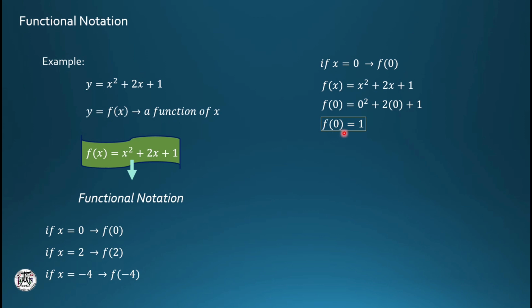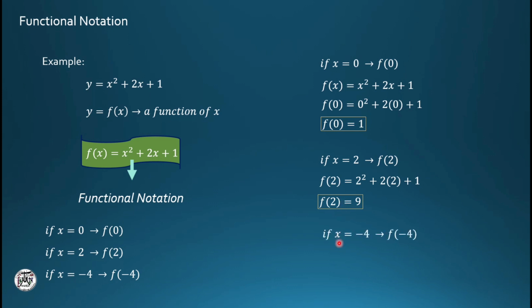The next, if x is equal to 2, then we substitute: f of 2 is equal to 2 squared plus 2 times 2 plus 1. So f of 2 is equal to 9. That is the answer.